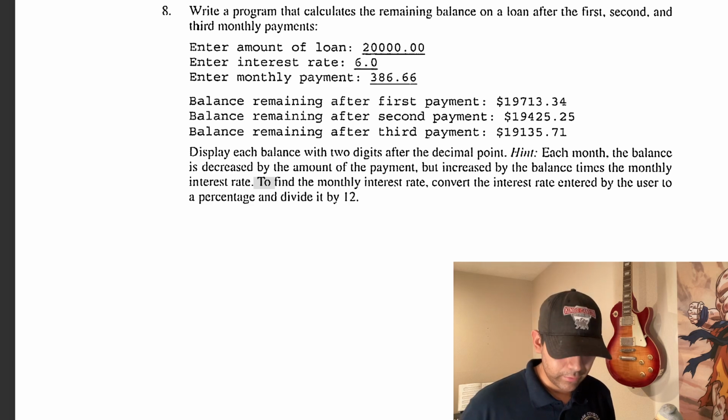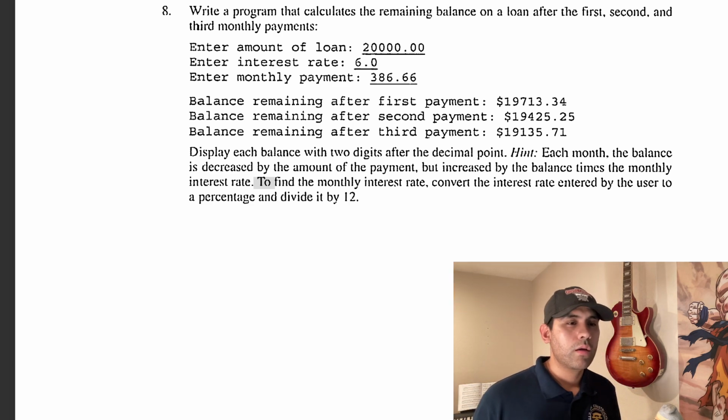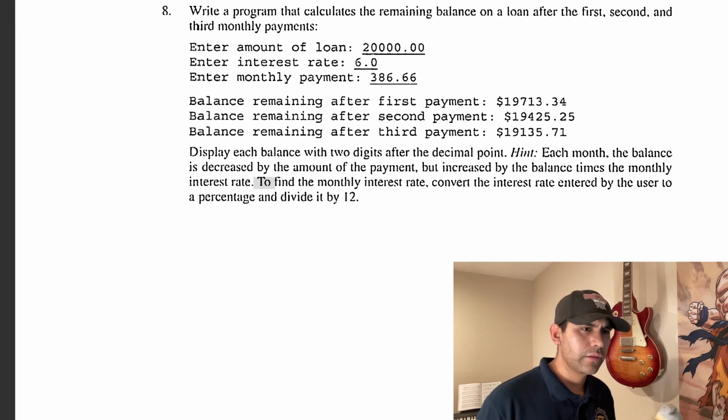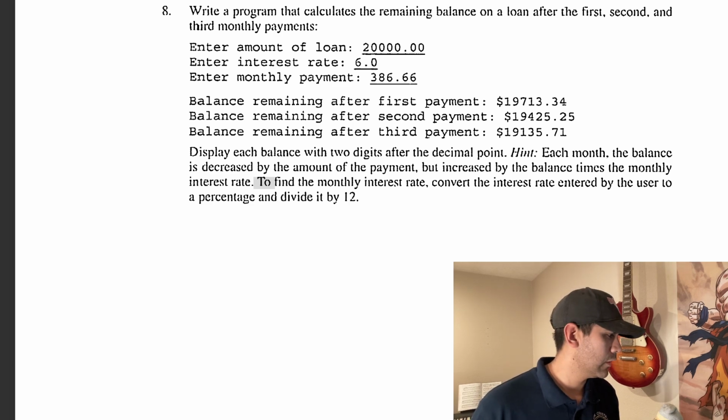Why do us men like it the hard way? Minus the monthly payments. Correct? So my new balance is going to be balance plus balance times monthly interest rate minus monthly payments.